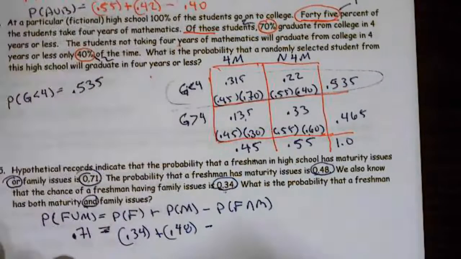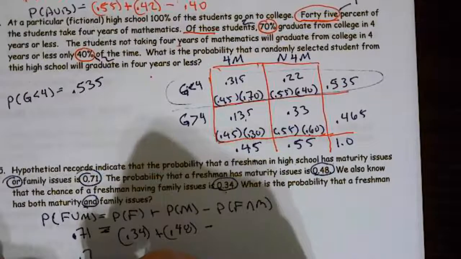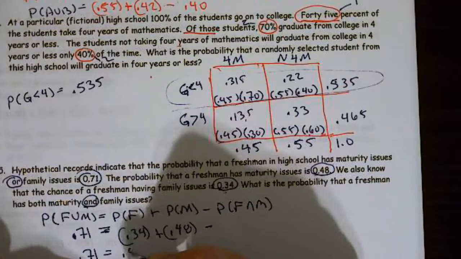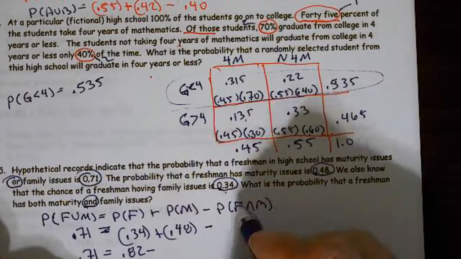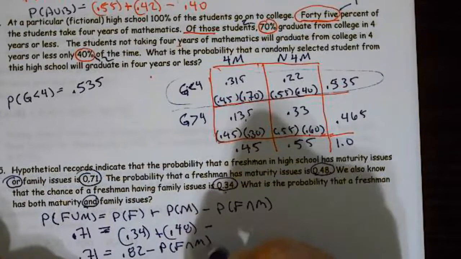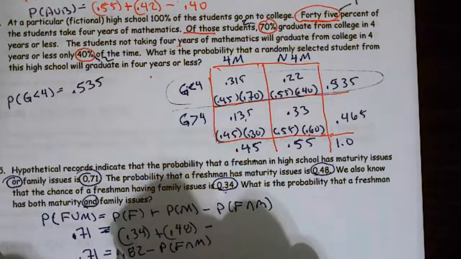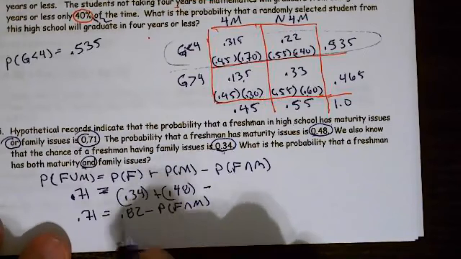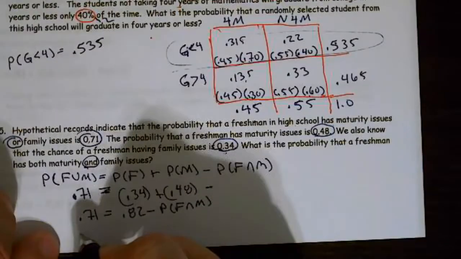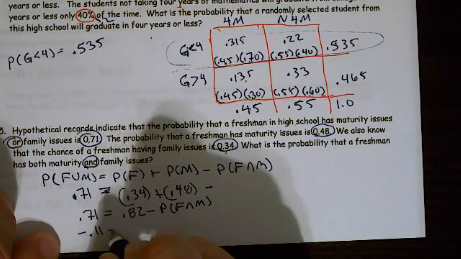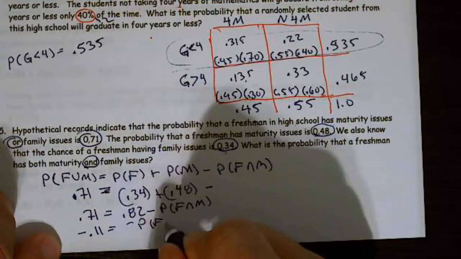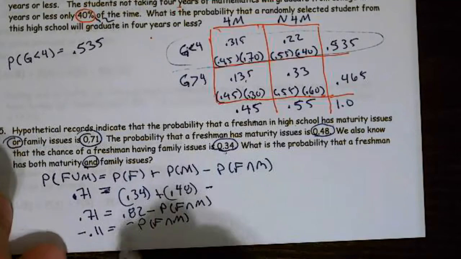All right, so when I add this up, I get 0.71 equals 0.82 minus the probability of family intersect maturity. I subtract 0.82 from both sides. When I do that, I end up getting negative 0.11 equals negative probability of family intersect maturity.